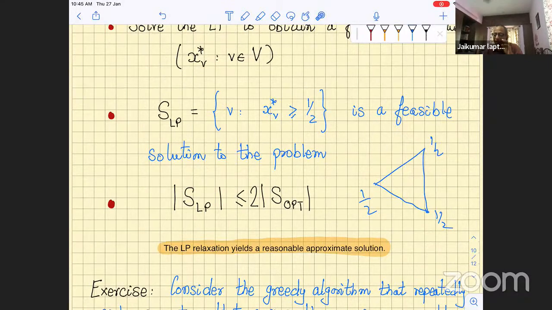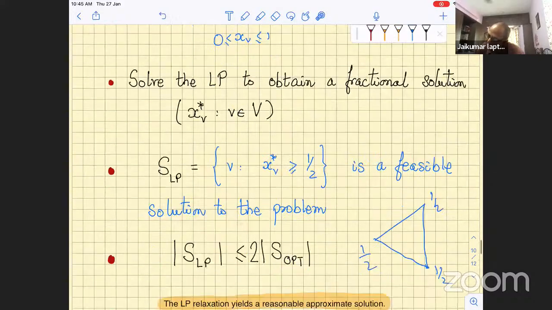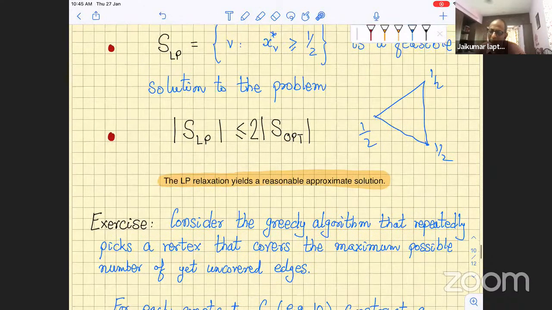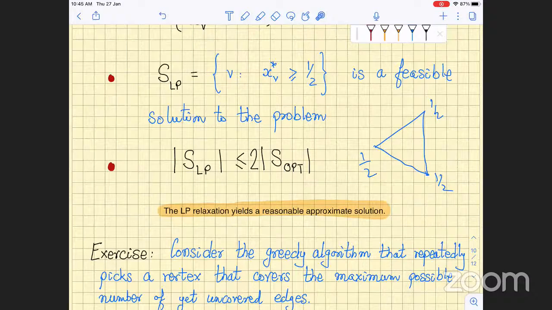So if you keep the zeros where they are, and all the variables which are half, you make them 1, you will never do worse than a factor of 2. Assume all the weights are non-negative. That's a slightly deeper fact about the vertex cover linear program. You don't need that actually.